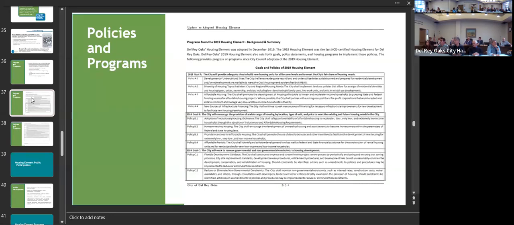They are to create affordable housing and affirmatively make sure there's housing for all income groups. You already have programs and policies in your housing element to ensure equitable housing for all income levels and all people. So I think you have a good set of policies.